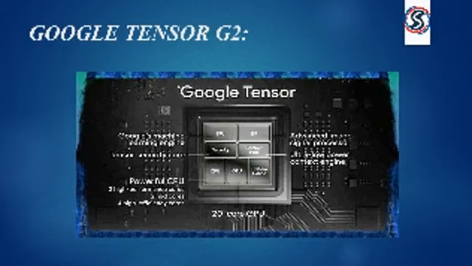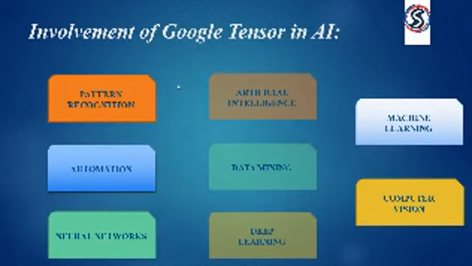This is all about the Google chip and Google Tensor chip. Now, if we talk about Google's involvement with the Google Tensor in AI, how is the Google Tensor a milestone for machine learning?